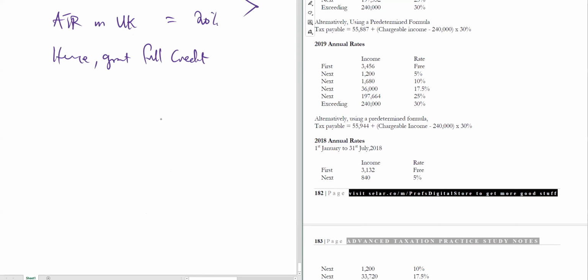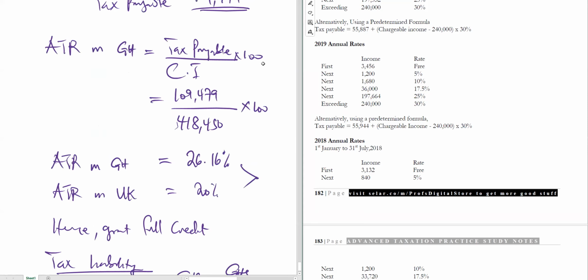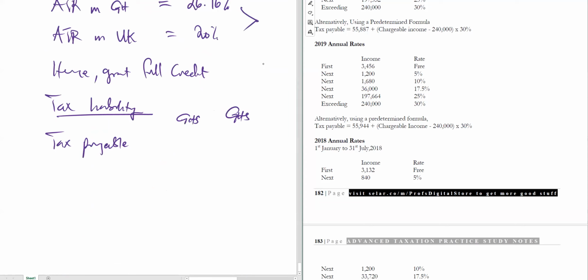So let's get to tax liability now. His tax on chargeable income was 109,479. Then we less the tax credits.